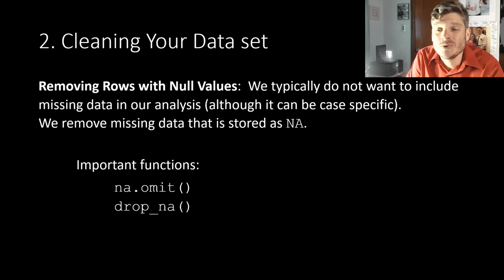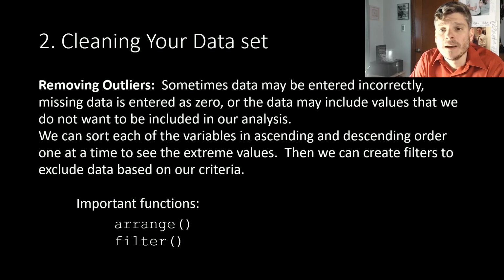We can do drop_na using that same argument from before, where we pipe in our data frame, and then it'll remove every row that includes any missing data, regardless of variable. Or we can do drop_na with our data frame, the $ sign, and the column, and it'll remove rows for that one particular variable.